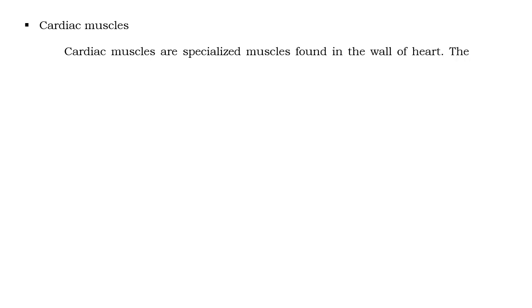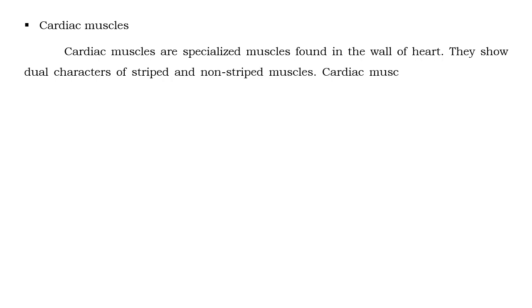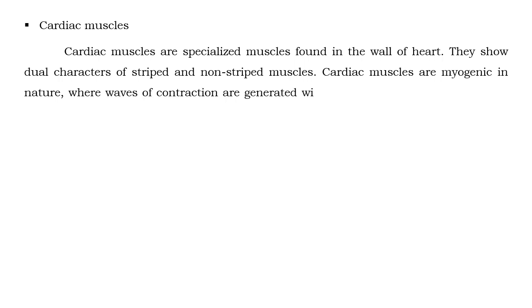Cardiac muscles. Cardiac muscles are specialized muscles found in the wall of the heart. They show dual characters of striped and non-striped muscles. Cardiac muscles are myogenic in nature, where waves of contraction are generated within muscles to carry out rhythmic and continuous beating action.